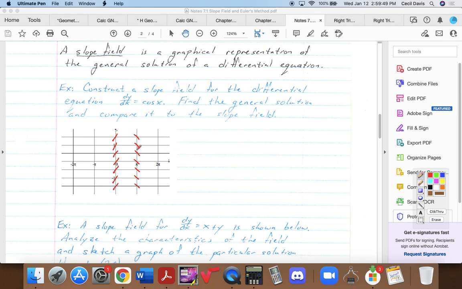The slope is 0, so all these slopes are going to be 0. And then at 3 pi over 2, slopes are all 0 again. And when we get to 2 pi, they're all 1 again.